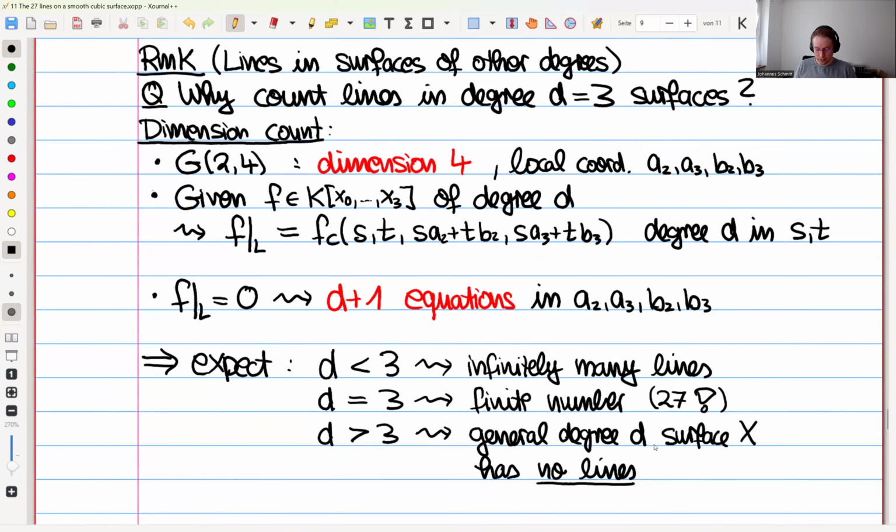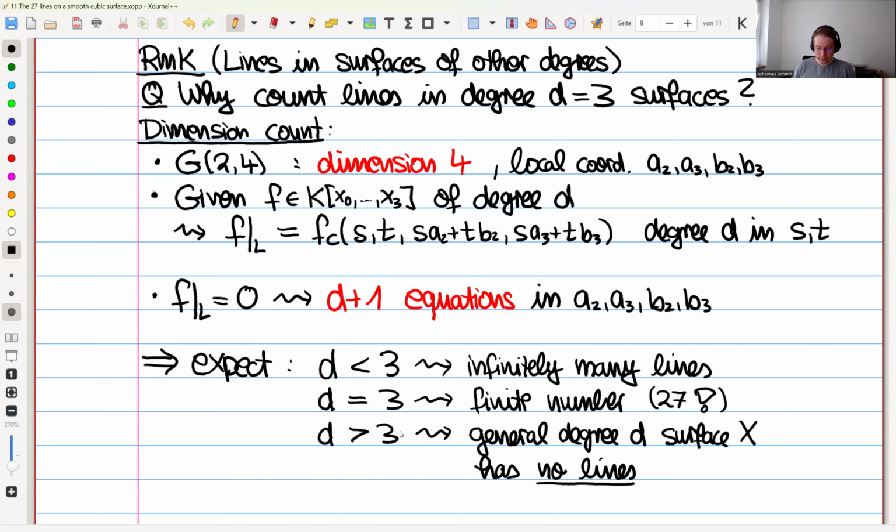And so a general degree d surface X will have no lines at all. So the counting problem is pretty boring. And so this dimension argument explains why we exactly look at a cubic surface and count the number of lines, because that's exactly where the number of variables and number of equations matches up.